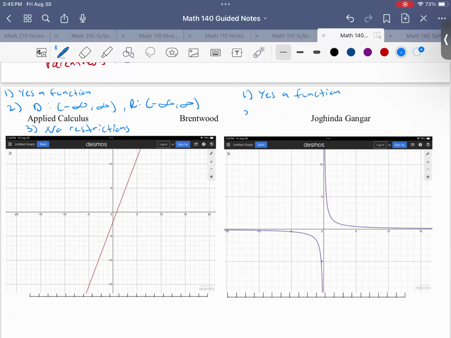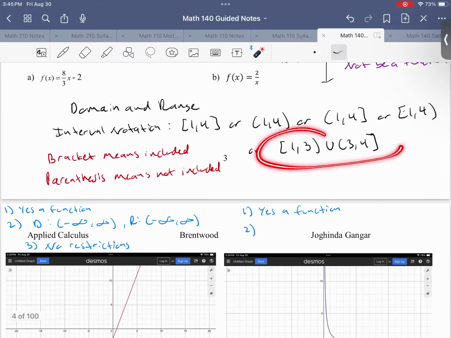And now 2, what is the domain and range? So this is a situation where we sort of have this weird situation going on here along the y-axis, or at x equals 0. So this really changes our domain and range a bit. So we would have something along this situation where we got to stop at 0 and sort of work our way around it.